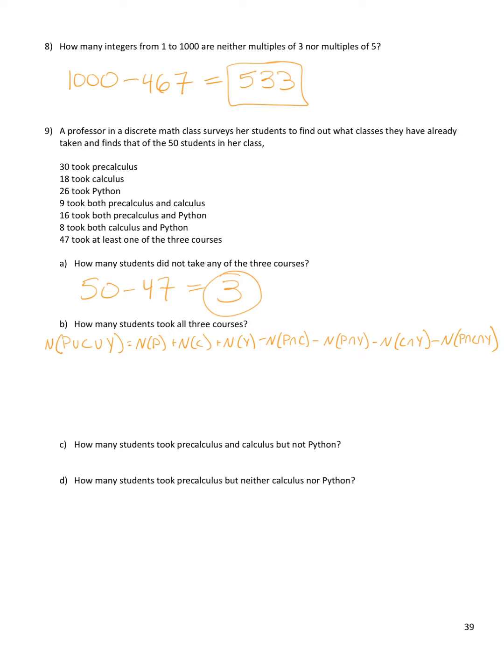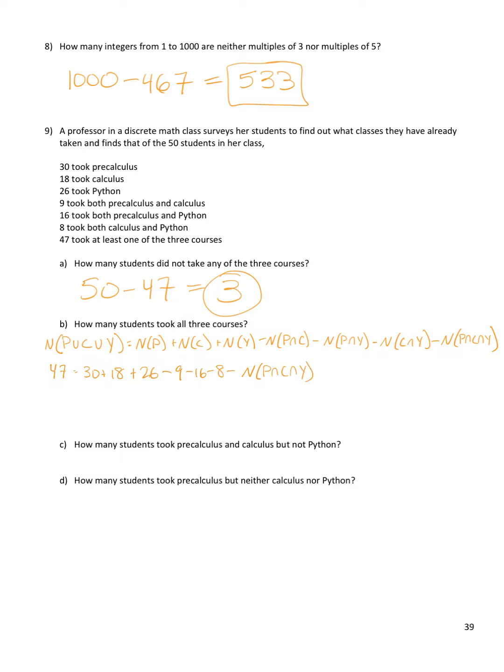So let's put all these numbers in. So I have 47 equals 30 plus 18 plus 26 minus 9 minus 16 minus 8 minus the number who were enrolled in all 3.